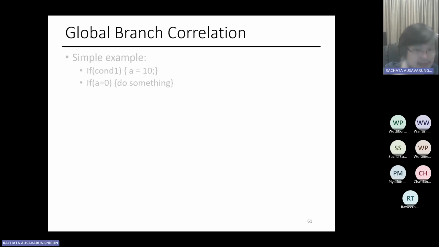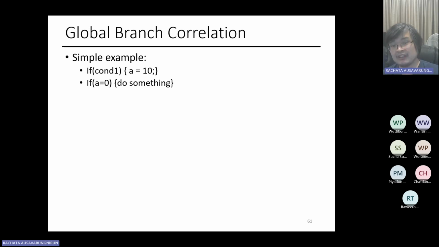All right, so with the global branch correlation, a simple example can look something like this. If some condition 1 happens, A is going to equal 10. The next line says, if A equals 0, do something. This basically means that if condition 1 is true, the second if is not going to be true.